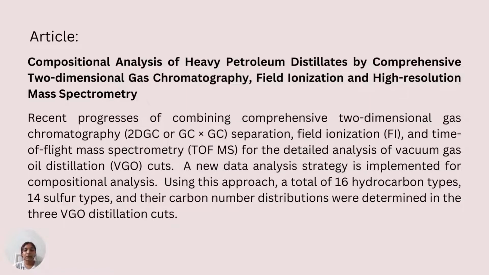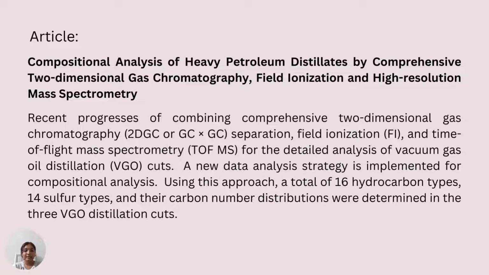The article that we chose is titled Compositional Analysis of Heavy Petroleum Distillates by Comprehensive 2D GC, Field Ionization and High Resolution Mass Spectrometry. The summary of this article states recent progress of combining comprehensive two-dimensional GC separation, field ionization, and time of flight mass spectrometry for the detailed analysis of vacuum gas oil distillation cuts.